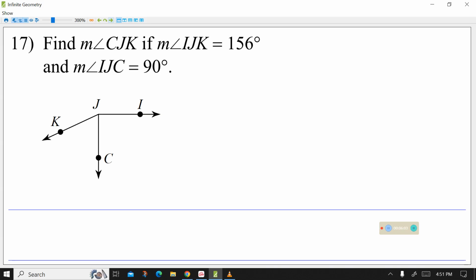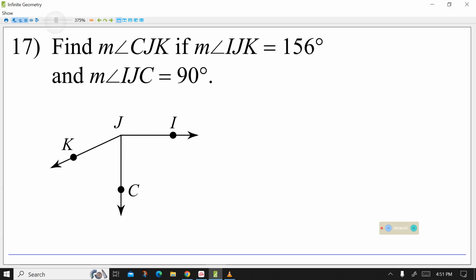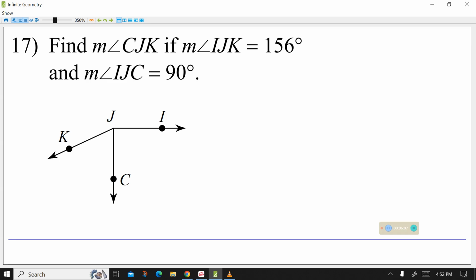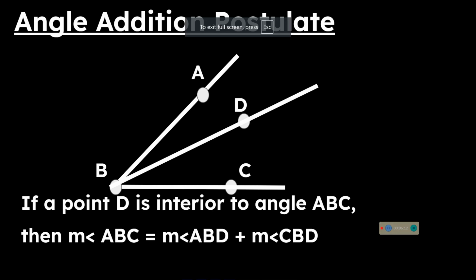Okay, for number 17 now we get to a problem that takes some understanding. So for this part, I'll jump into my presentation on the angle addition postulate. The angle addition postulate is this idea: if a point D is interior to an angle ABC, then that angle gets split into 2 angles.